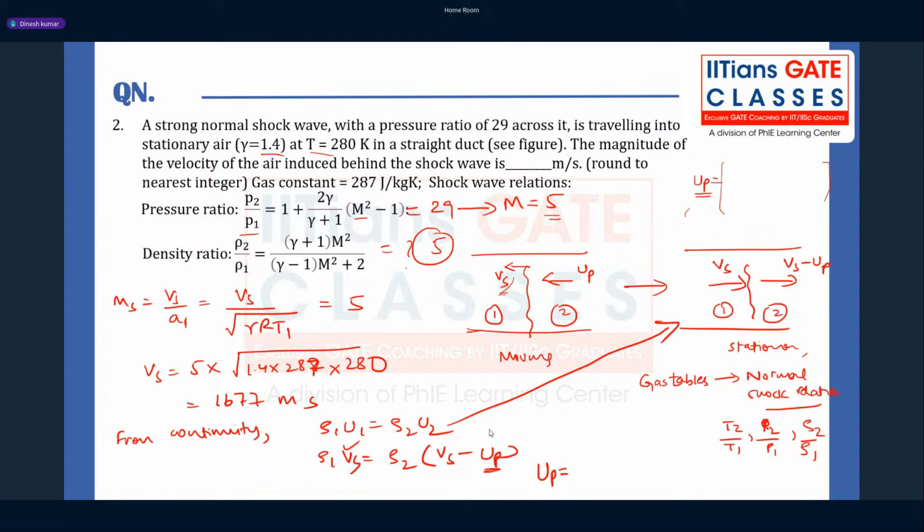If you write the formula, it is Up equals Vs into (1 minus rho 1 by rho 2), just by rearranging these terms. So this is my answer. Can you guys calculate and tell me quickly what is my Up?